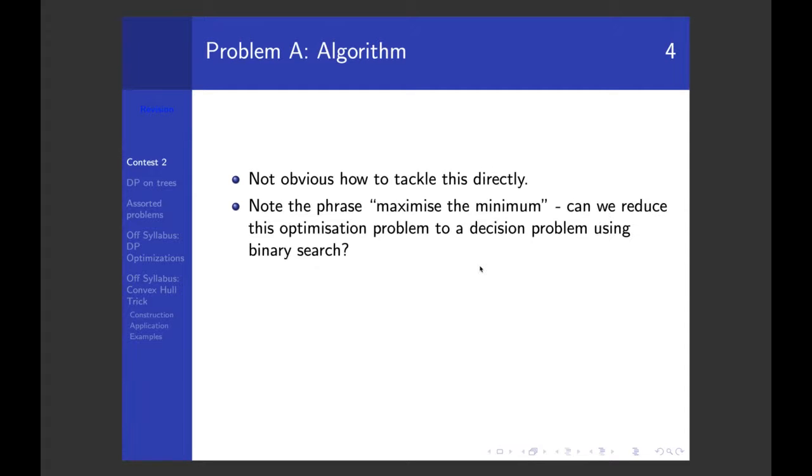However, hopefully you notice the phrase maximize the minimum. This is one of the phrases we told you to look out for, even if it's not in there explicitly. In the problem, you want to maximize the minimum time spent at a town. Because of that, you might want to think about using binary search.